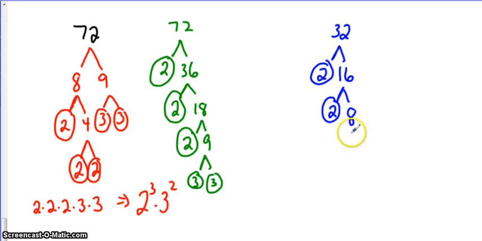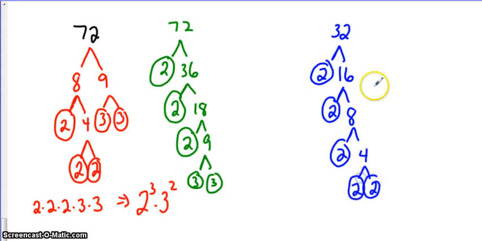Okay, and then with the 8, we have 2 times 4, and for the 4, we have 2 times 2. So the prime factorization for 32 is going to be 2 times 2 times 2 times 2 times 2, or 2 to the 5th power.